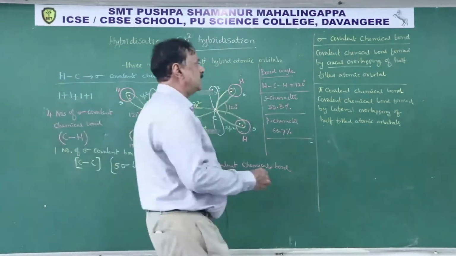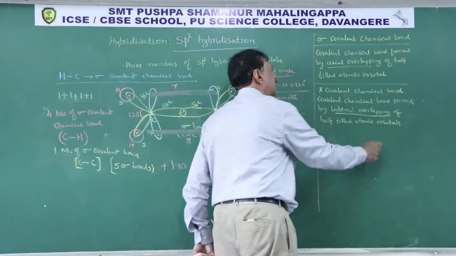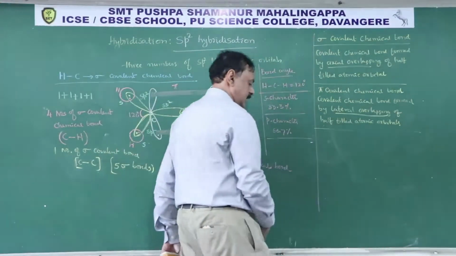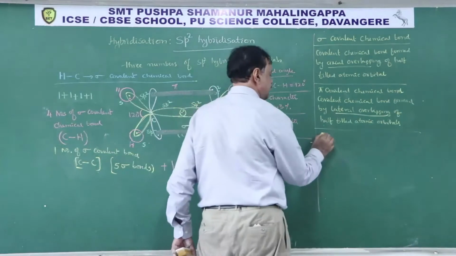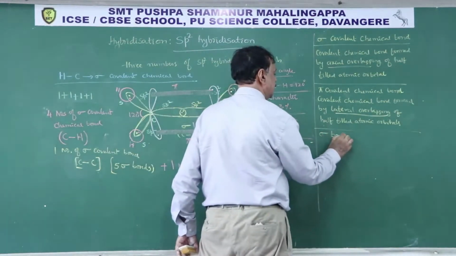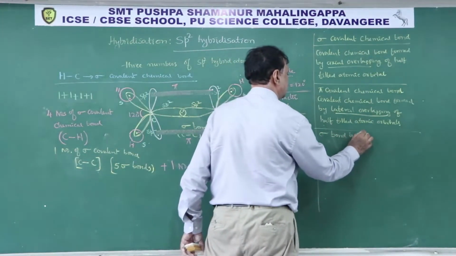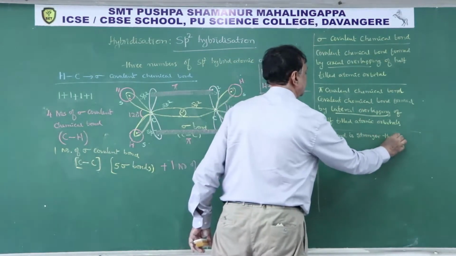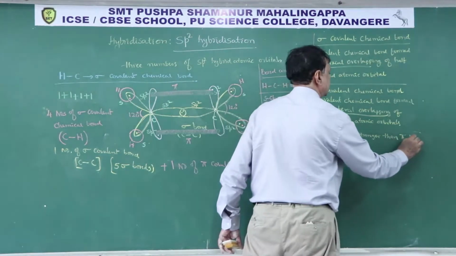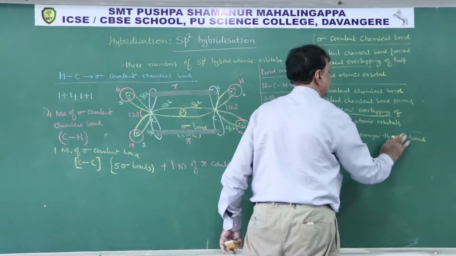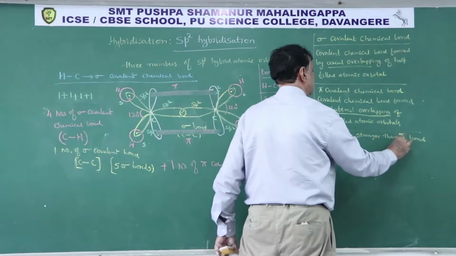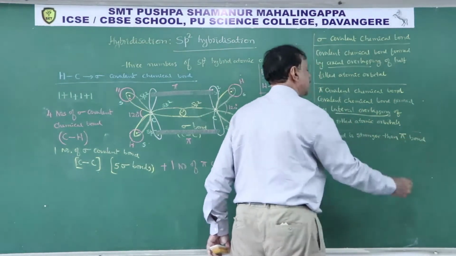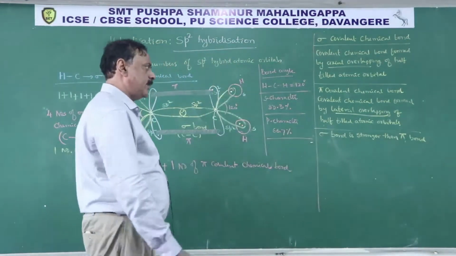Now this is very important. This is lateral overlapping. This is axial overlapping. This is lateral overlapping. Sigma bond is stronger than pi bond.